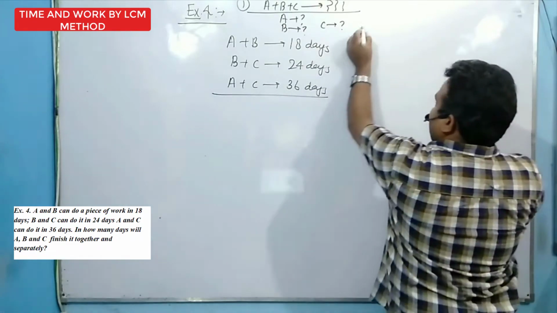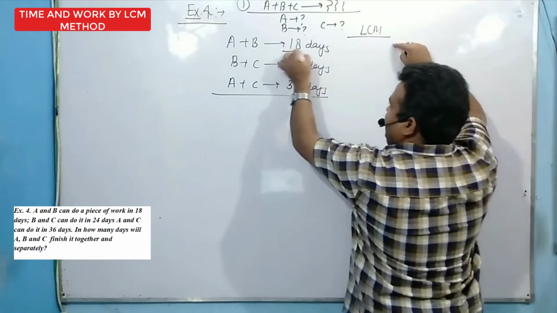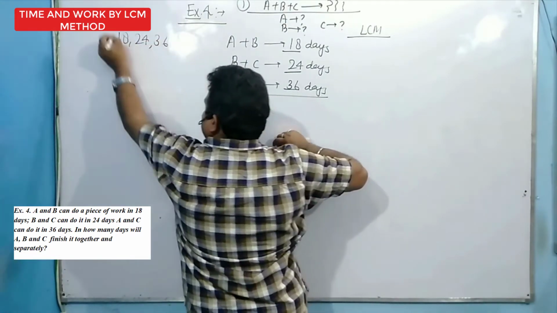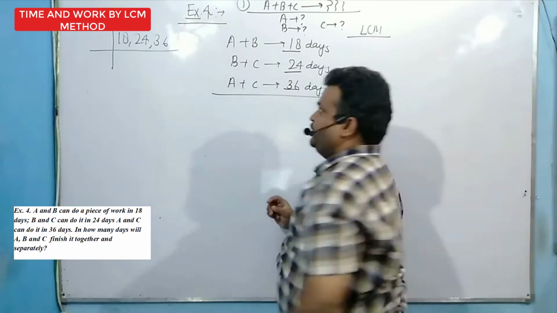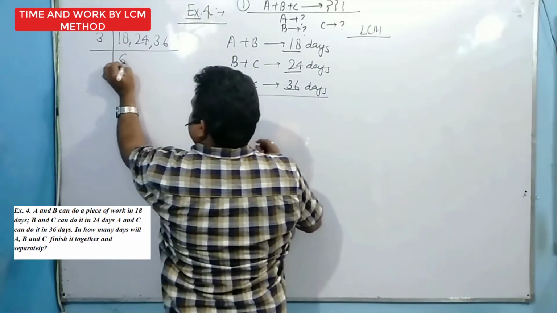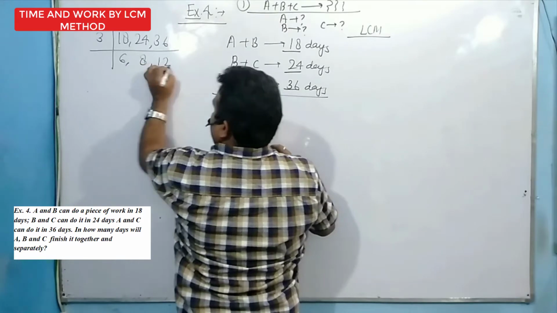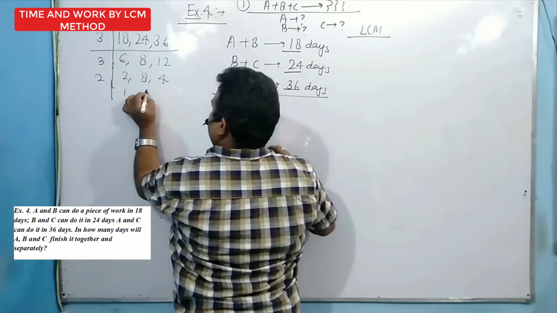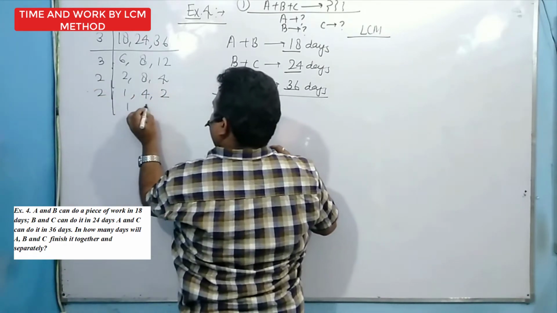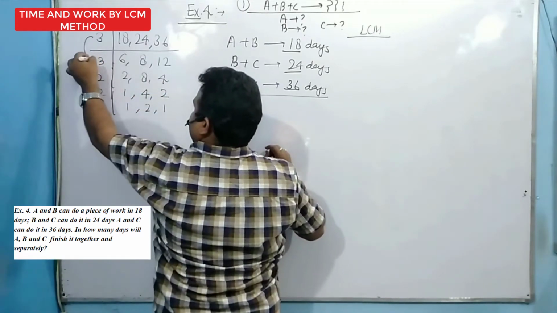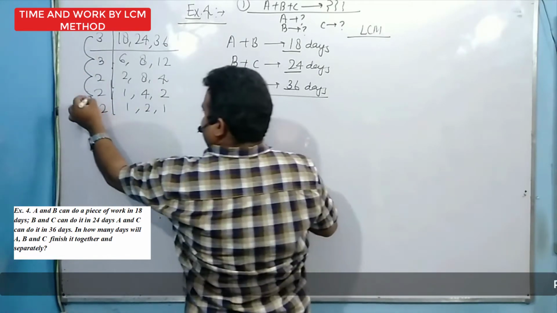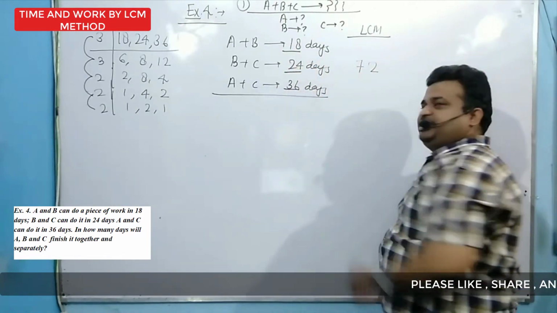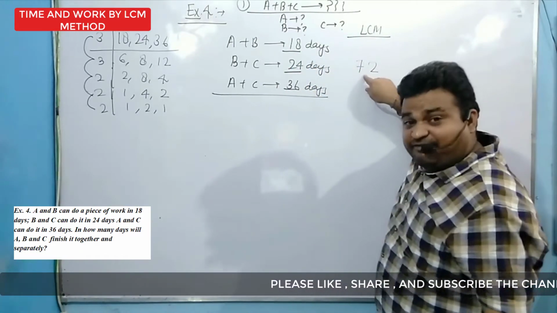So first we take the LCM of 18, 24 and 36. Dividing by 3, 3, 2, 2 gives 3 3s are 9, 9 2s are 18, 18 2s are 36, times 2 is 72. So the LCM of 18, 24, 36 is 72 units.